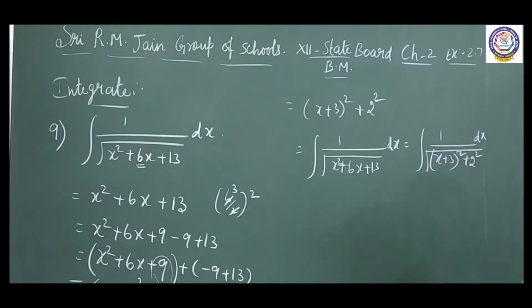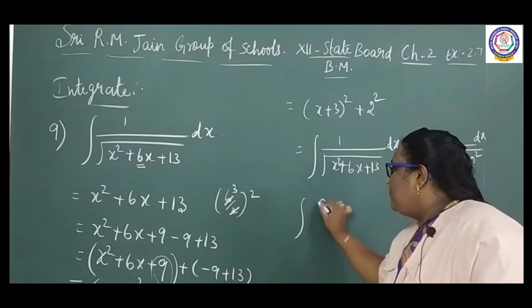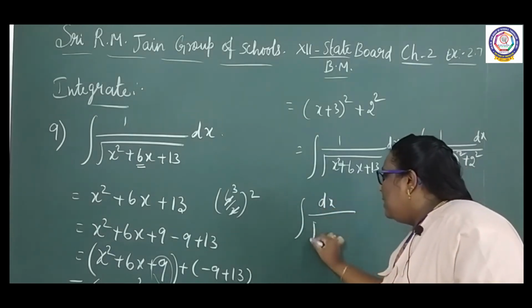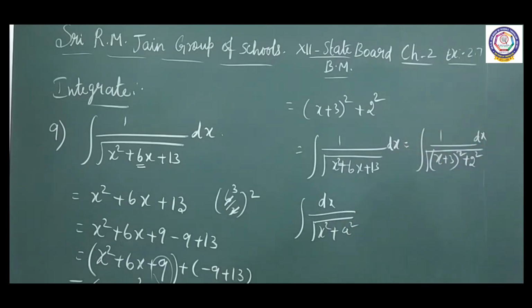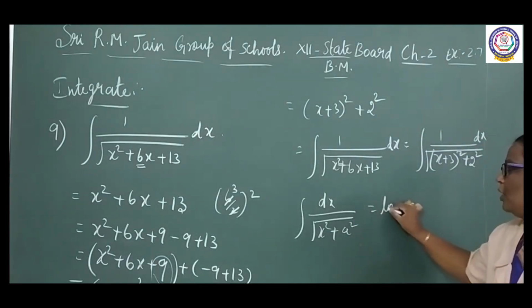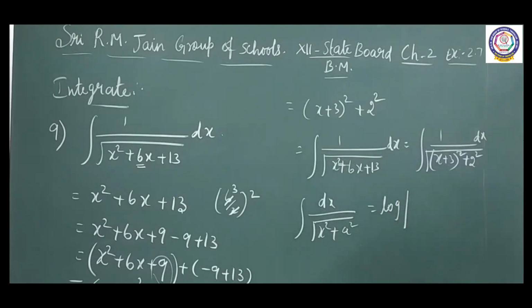So what is the formula? Integral dx by root of x square plus a square equals log of modulus of x plus root of x square plus a square plus c.